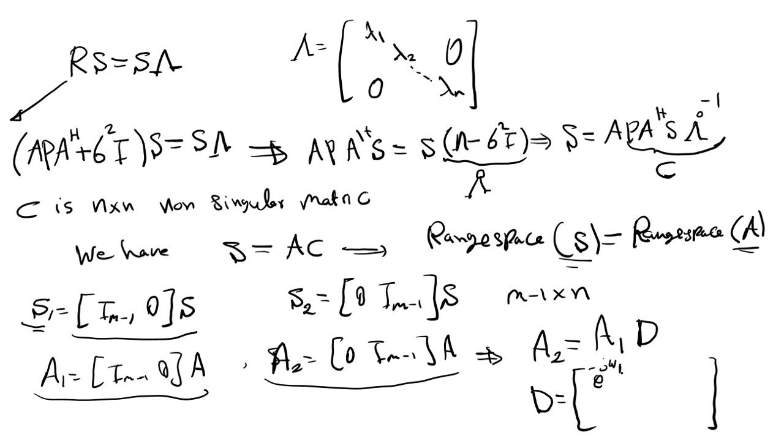Its entries are e to the minus j omega 1, e to the minus j omega 2, e to the minus j omega n, which are our frequencies.